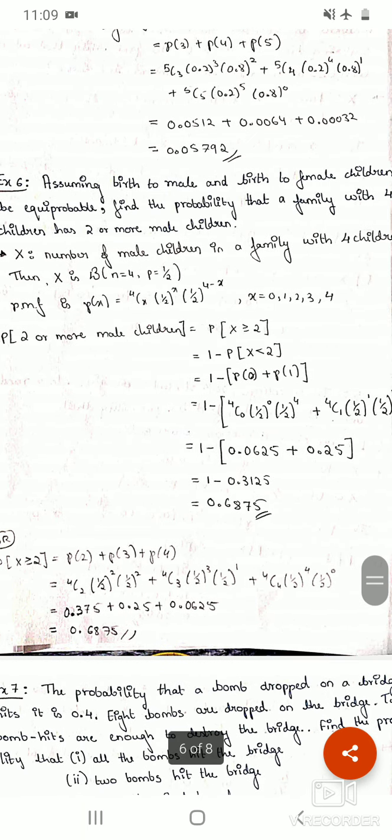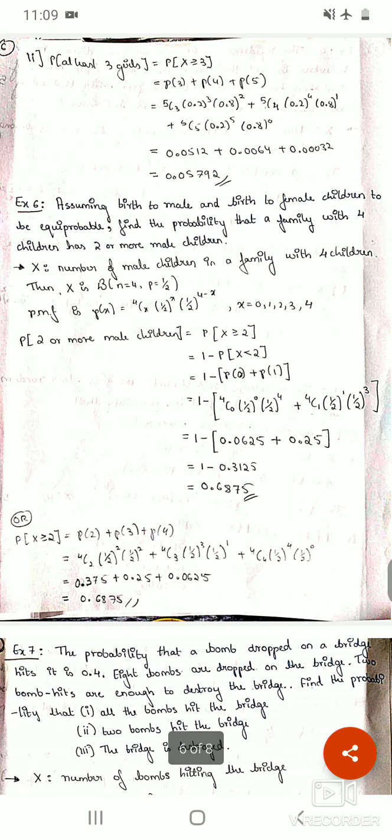So in this question we want to find the probability that in a family with 4 children, there are 2 or more male children. For this we know n is 4, but p they have not mentioned directly.